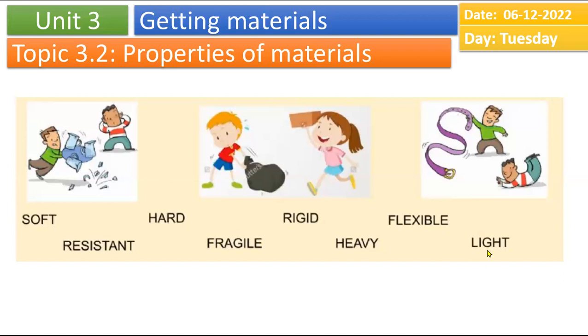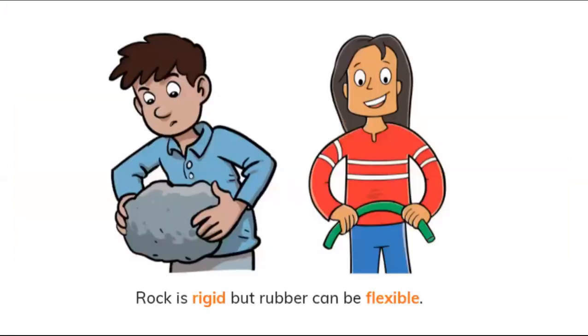Some materials are light. They are very light, like paper. Paper is light. Heavy. Some metals are heavy, like the car. Car is made of metal, so we can say it's heavy. So let's look for more properties. Here is an example. Now let's move on to the exercise.